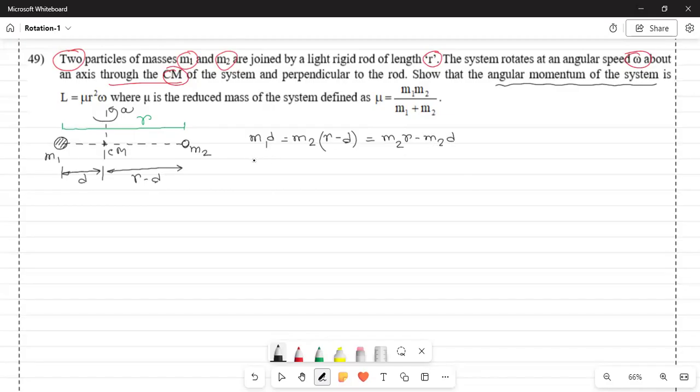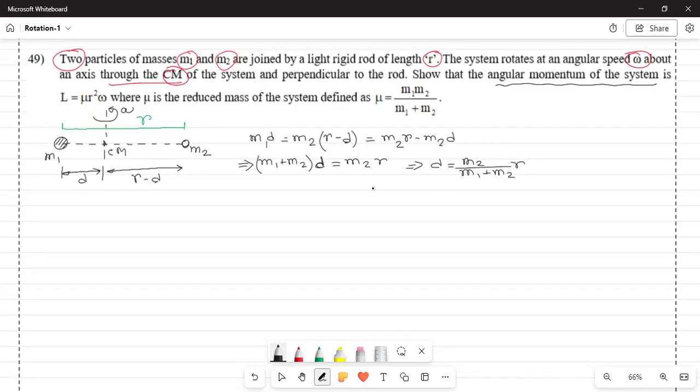So we bring the two parts with d on one side. This is M1d, this is M2d. If we take M2d to the left-hand side, we find M1 plus M2 times d is equal to M2r. From here, we find d is equal to M2 divided by M1 plus M2, times r.